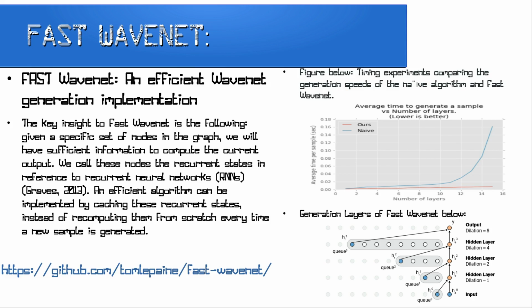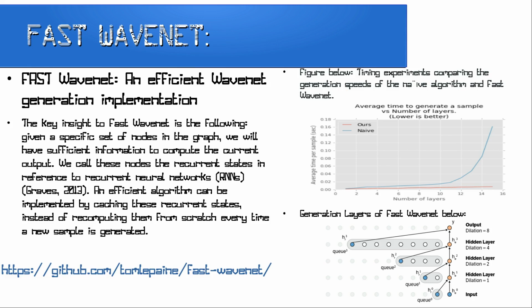Timing experiments show significant advantages of our fast implementation over a naive one. While this method is presented for WaveNet, the same scheme can be applied anytime one wants to perform autoregressive generation or online prediction using a model with dilated convolution layers. The code for the Fast WaveNet generation algorithm is publicly available.